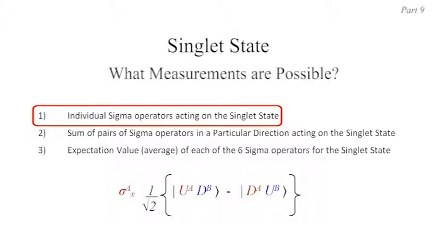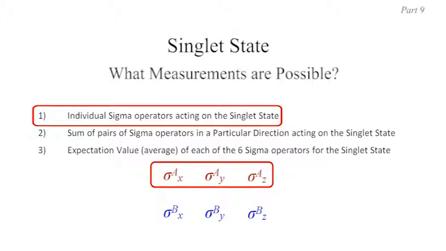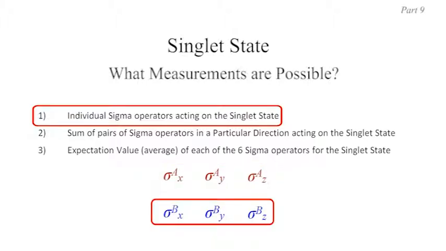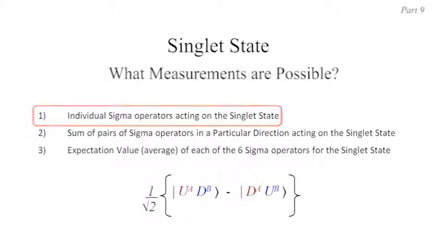It might give the same state multiplied by a real constant, in which case we would have a measurement of the X component of the spin of electron A. Alternatively, of course, it may not give the same state in the answer, and there would be no measurement. We could, of course, do that for all 6 sigma matrices, 3 for electron A and 3 for electron B. And any results might just help us to see what's going on with this singlet state.